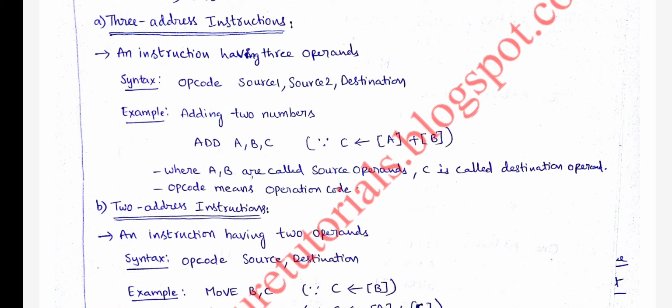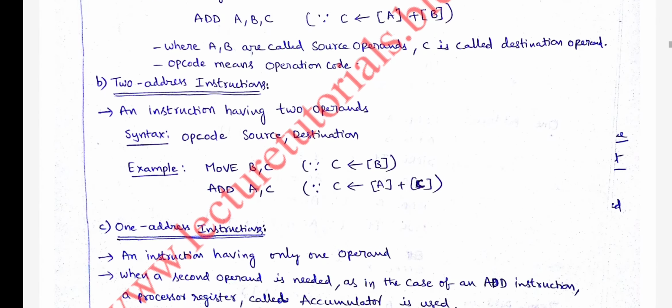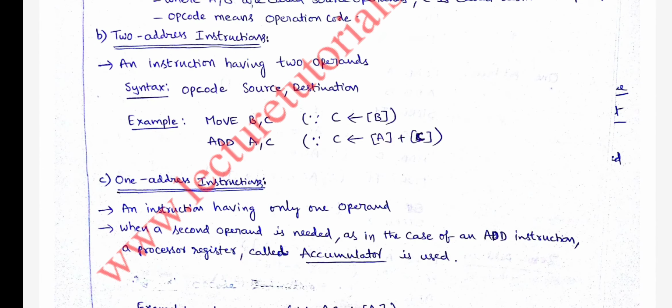Next, two address instruction format. In two address instruction format, we have two operands. An instruction having two operands, syntax, opcode, source, destination.